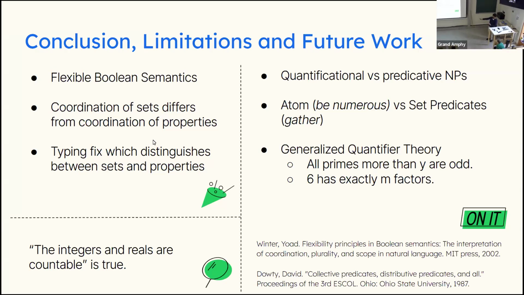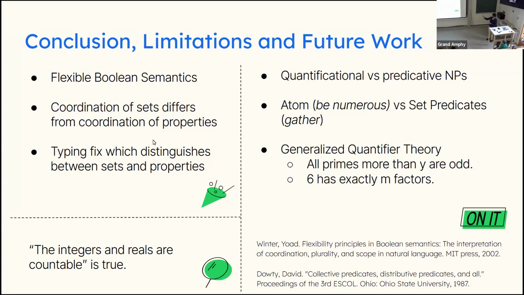Yes, and as any limitation leads to future work, there are some things that I'm looking at right now. All of these are based on Winter's 2002 work. First, in that work he gives a distinction between quantificational and predicative NPs and how to characterize and use them.